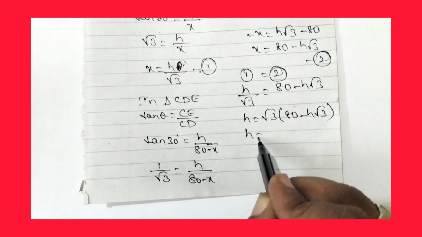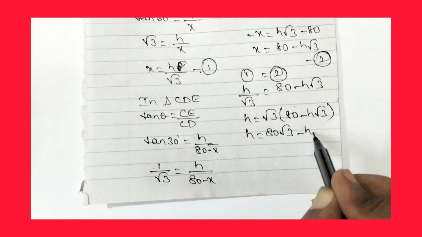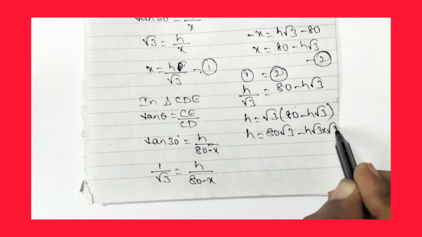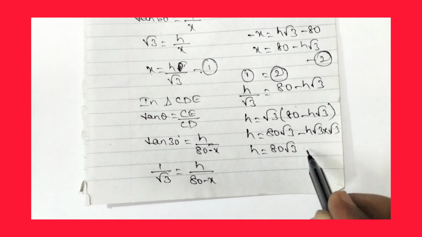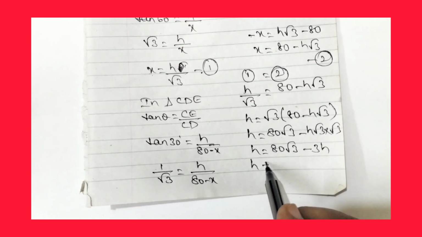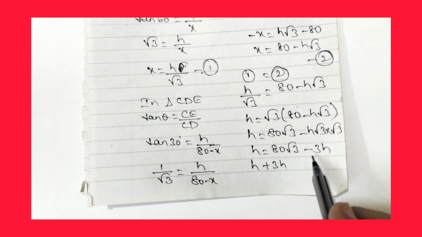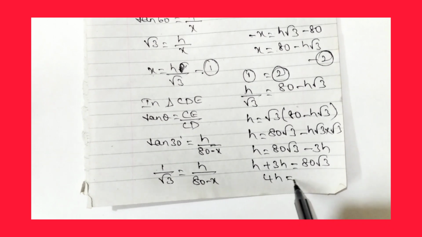So h is equal to 80 root 3 minus h into root 3 into root 3. So h is equal to 80 root 3 minus 3h. h plus 3h is equal to 80 root 3. So it will become 4h is equal to 80 root 3.